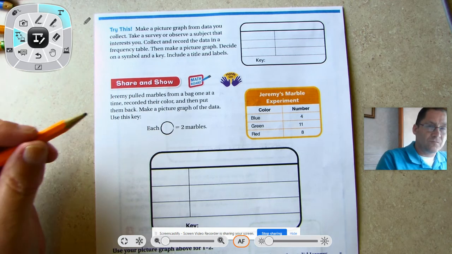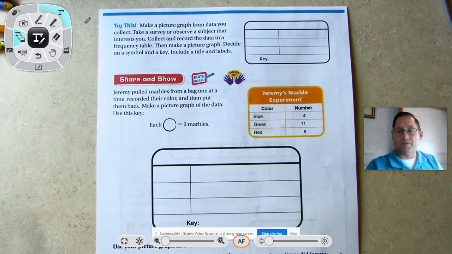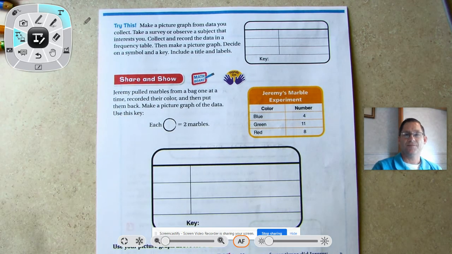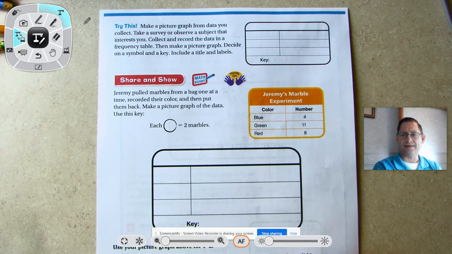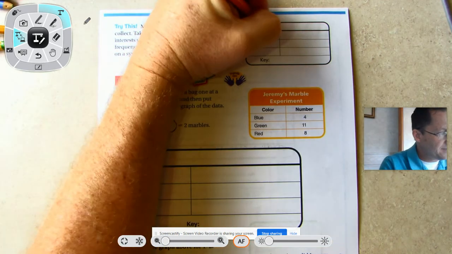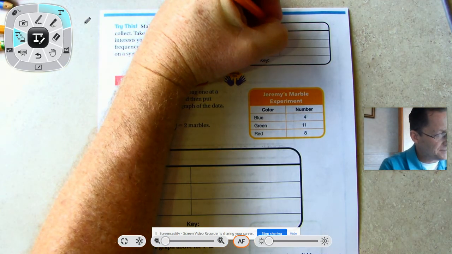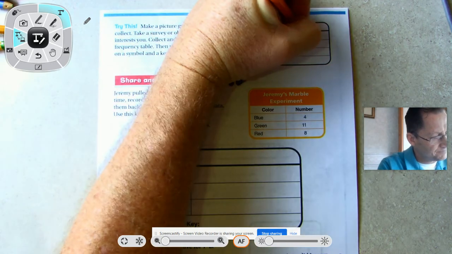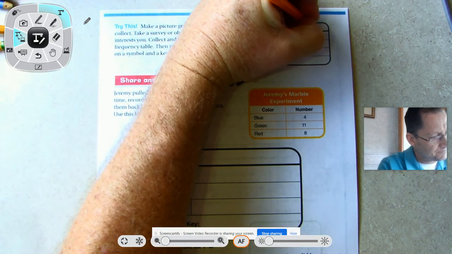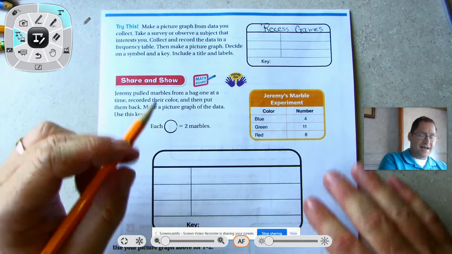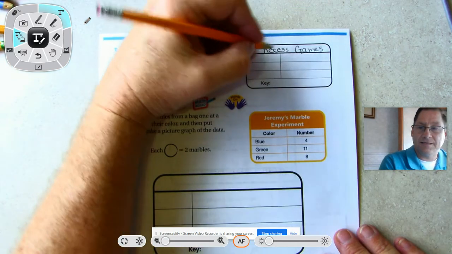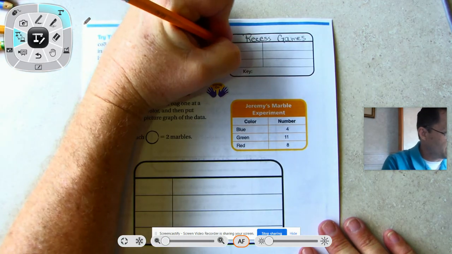Well, if we were in the classroom, we would probably come up with a class vote on something. So let's just assume some following things. And we're going to say recess games. And we will say that some people liked Foursquare.